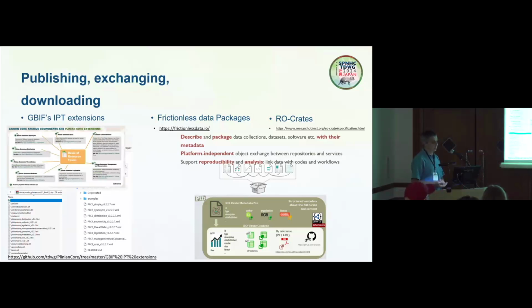And we are currently exploring and preparing other formats for data exchanging and downloading, such as the Frictionless Data package and the research object crates, as a way to exchange and deploy species information in PLIANCORE form.